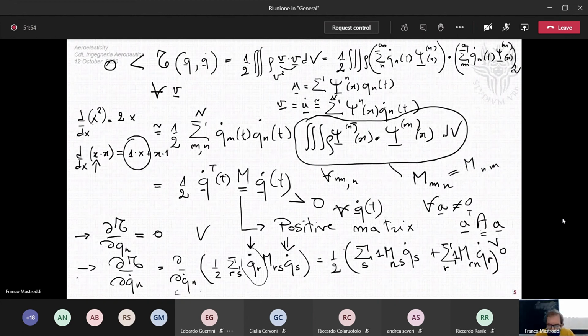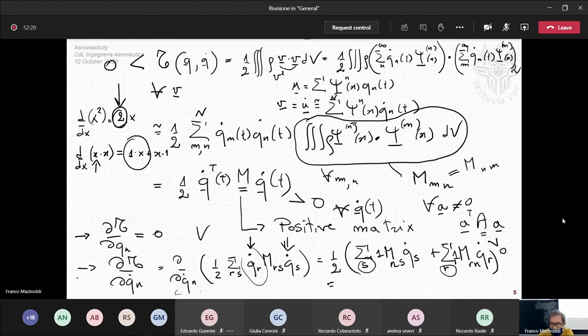This summation in s and this summation in r are summing the same quantity. And so I can collect them in a unique summation, 2 times, and this 2 is able to cancel this 1/2.